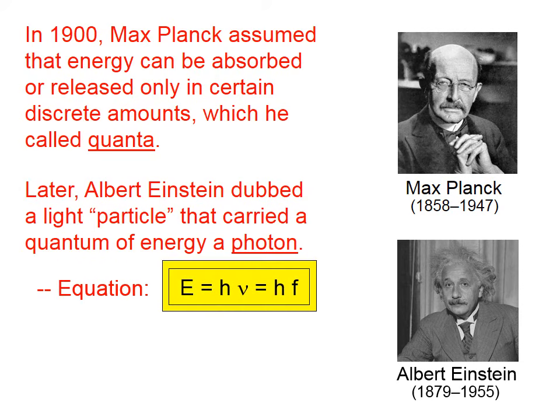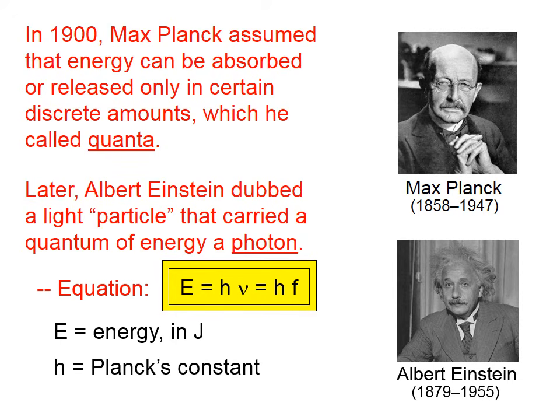The equation that relates energy to frequency. Notice here that frequency again appears in two forms. It could be the lowercase Greek nu, or it could be the lowercase f. And of course I prefer the f. E is the energy of a photon in joules.